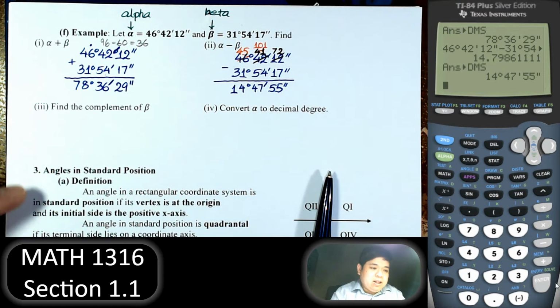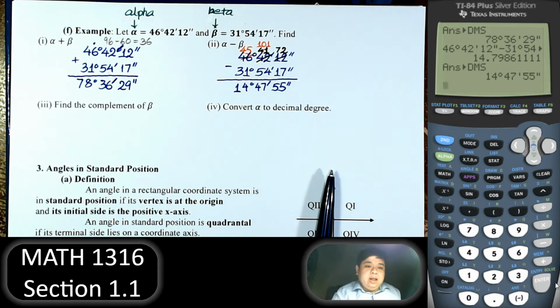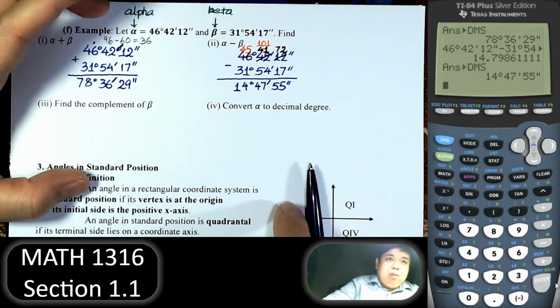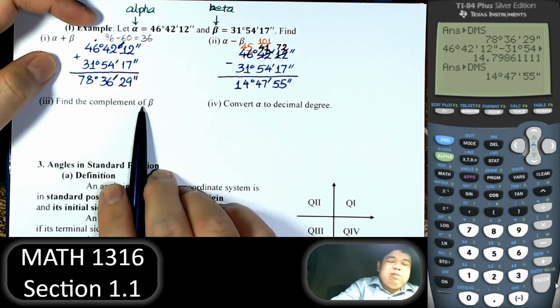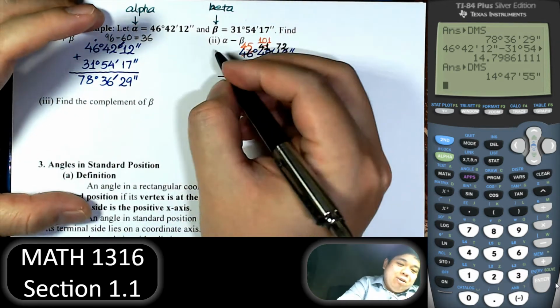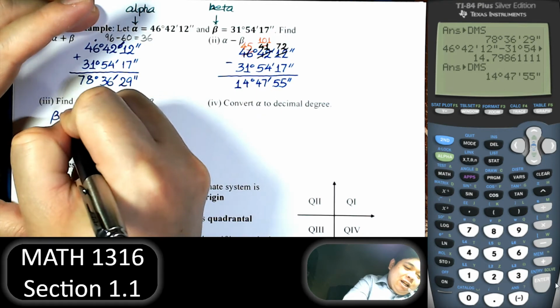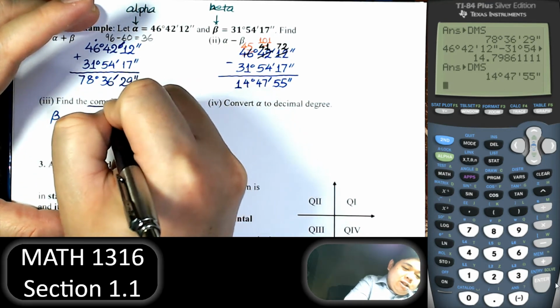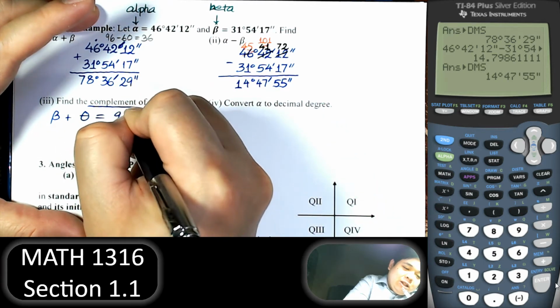Right. Next, find the complement of the angle beta. So the complement of the angle beta, of course, is the angle that adds up to 90 degrees with beta.